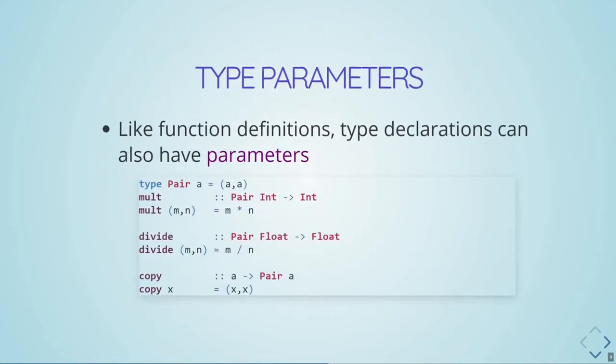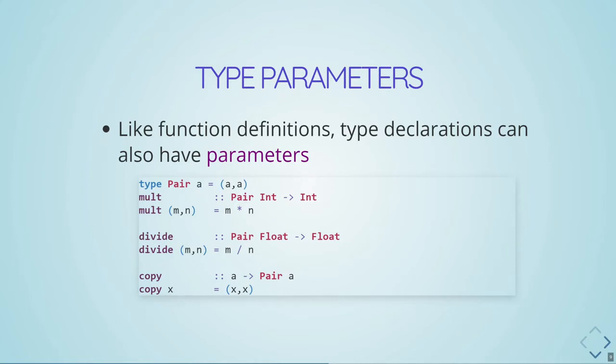Now, to make things a bit more interesting, type definitions can have parameters just like functions do. So we could create a type Pair that takes a type parameter a. So note, just like with how I explained with polymorphism, a is not a type itself. It's a lowercase letter, okay?